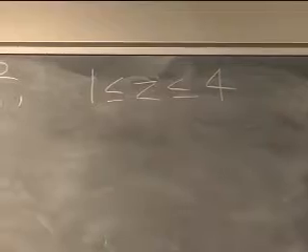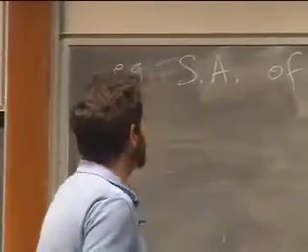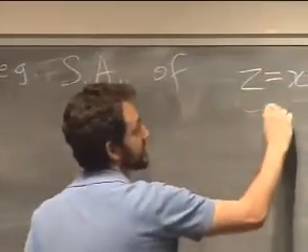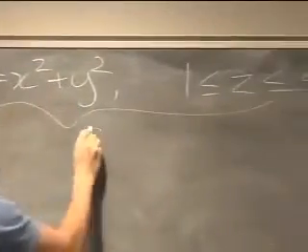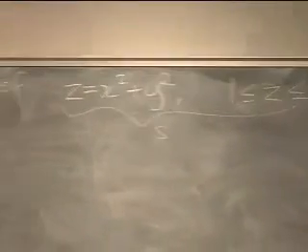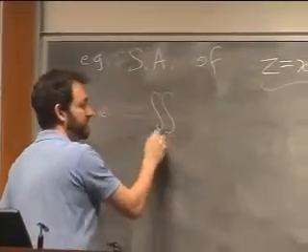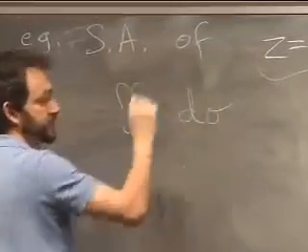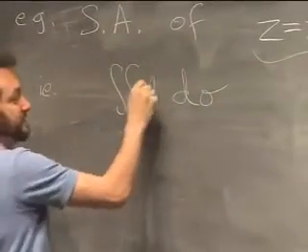Okay, so from what I said yesterday, a surface area, let's call this whole surface S. So what we need is a surface integral over S with an integrand of 1.